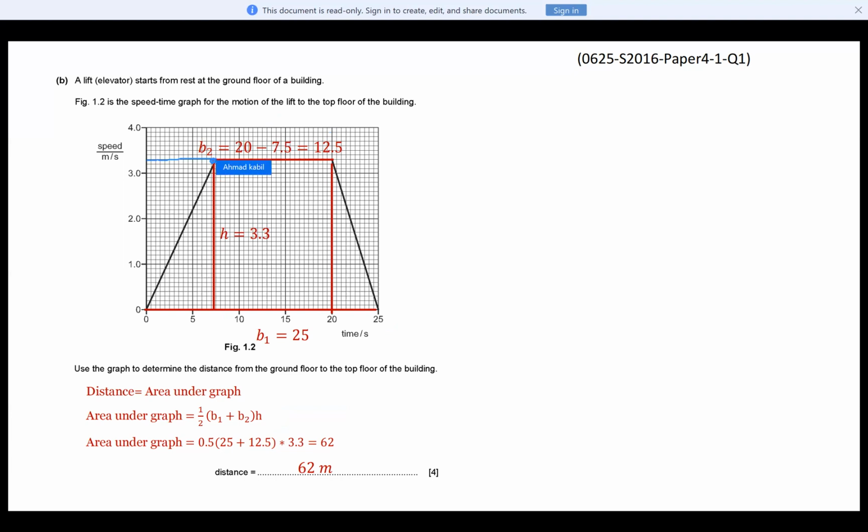And this Y value is approximately 3.3, actually exactly 3.3 from the Y axis here, and this is why we used 3.3 for H. Substituting all the values into the equation gives us a total distance of 62 meters.